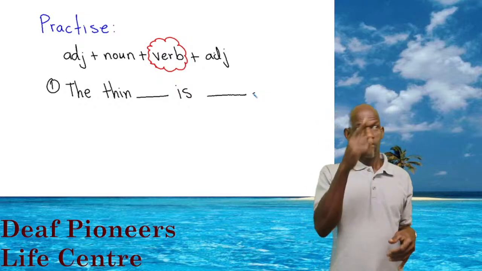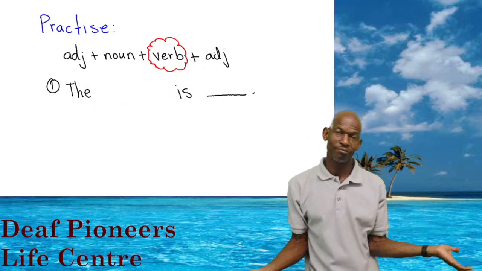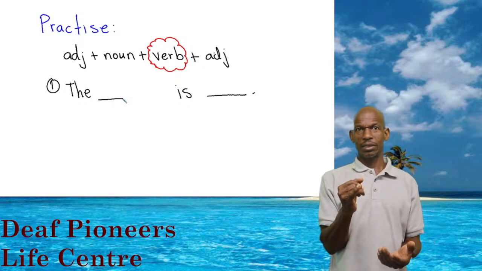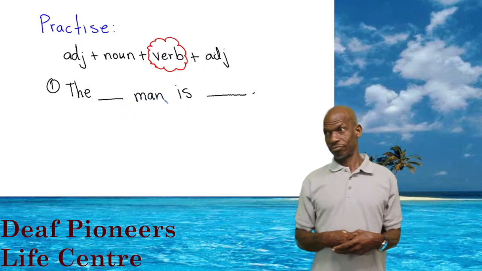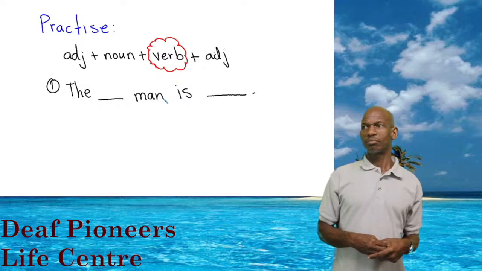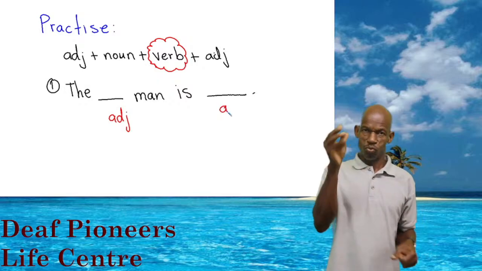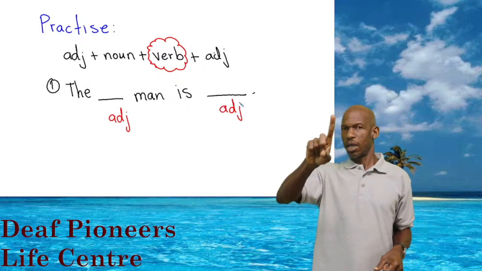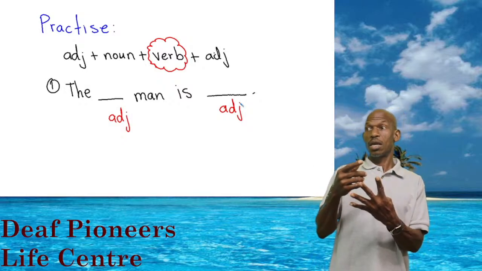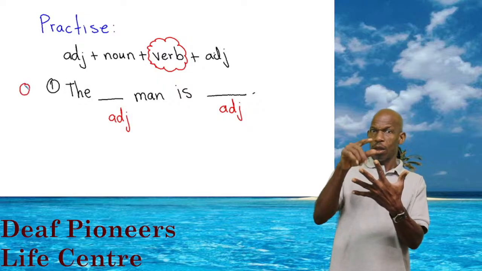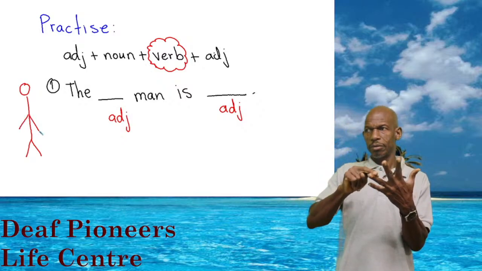All right, let me just take out this adjective. So instead of giving you the thin, I'm going to just give you the something man. The something man is something. So you have to give me an adjective here and an adjective here. I want you to just focus on the adjective. The something man is something. So you're thinking about a man, all right? And I gave you a little while ago the word thin. So I just write in the man.